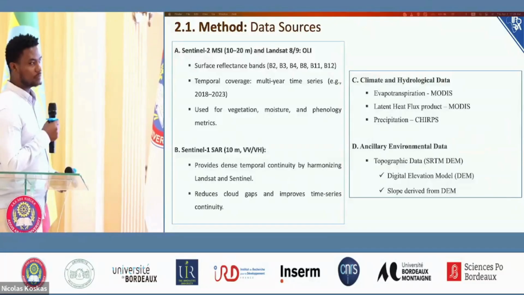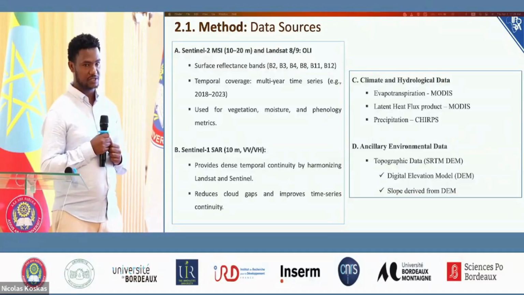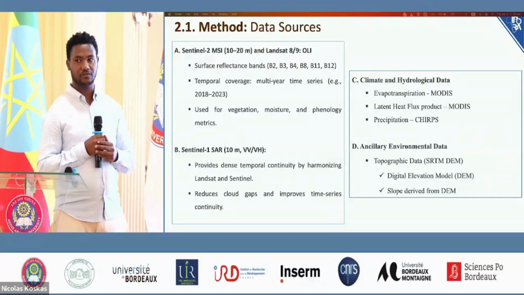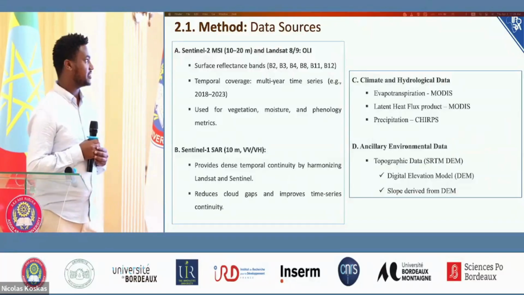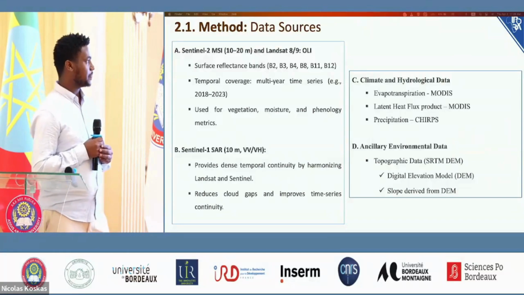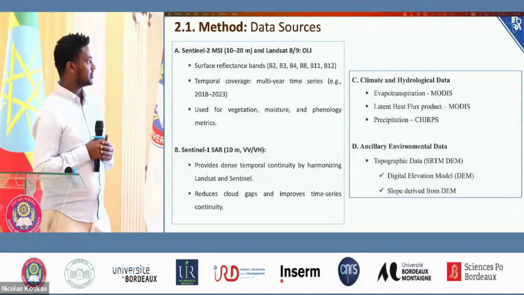And for mapping the diffusion of fodder in those areas, we are using multi-source data from different types of sources. For example, we use Earth observation satellites like Sentinel-2, which is multispectral satellite imagery, and Landsat 8 and 9. It is also multispectral imagery, which provides temporal and high spatial resolution imagery for those areas.